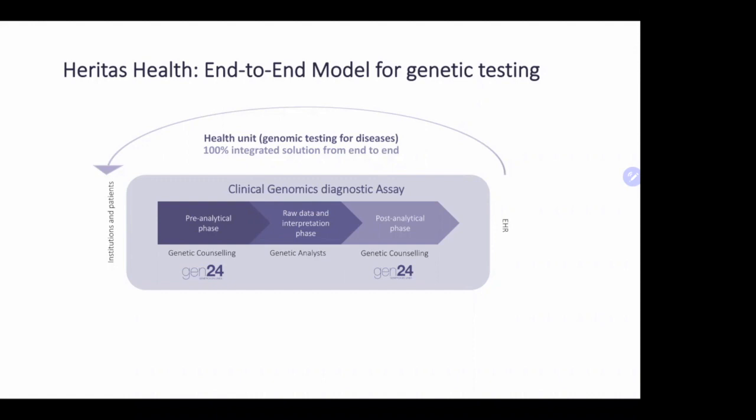So for us, each individual is unique, and that gives us a better understanding of each case. And in a post-analytical phase, we have genetic counseling, that is the interpretation phase, made by a genetic specialist. Since every step is consolidated within Héritas, within our laboratory, we generate and save the electronic health records that are the product of the teamwork I previously showed.